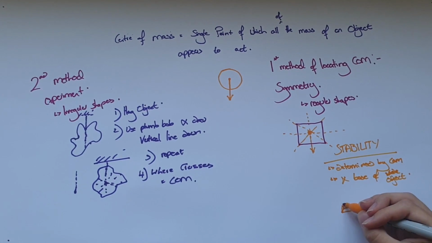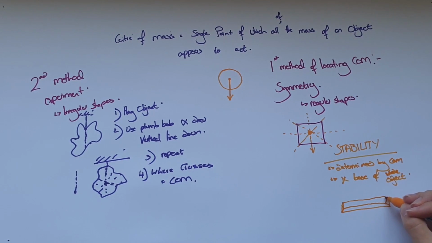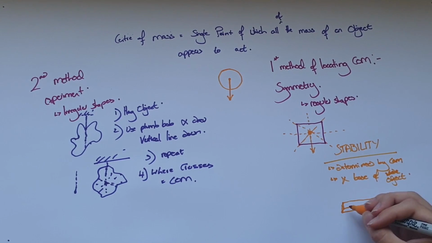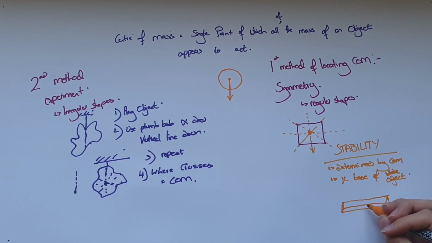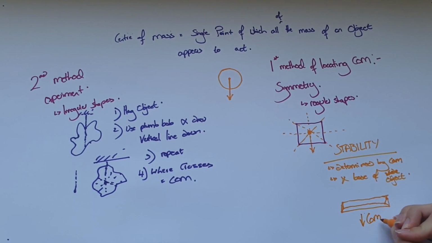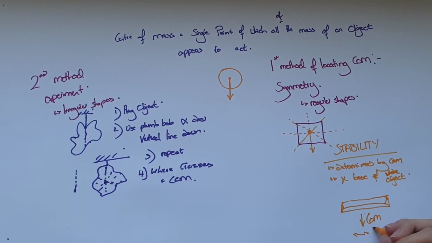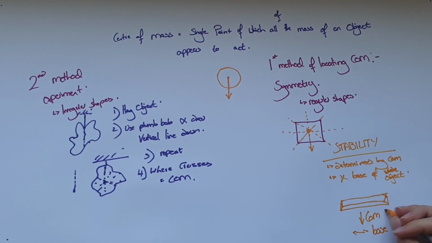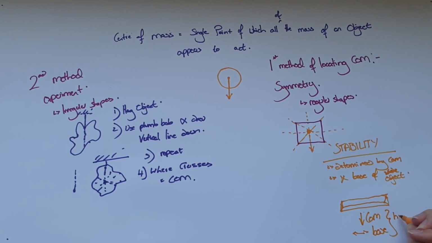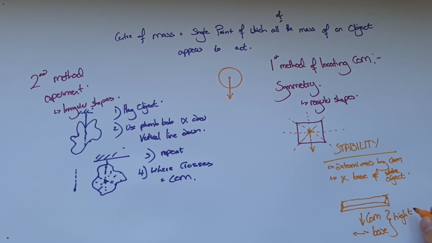I didn't take art, so like that. A wide base and a very low centre of mass will give you high stability, so it won't topple over easily.